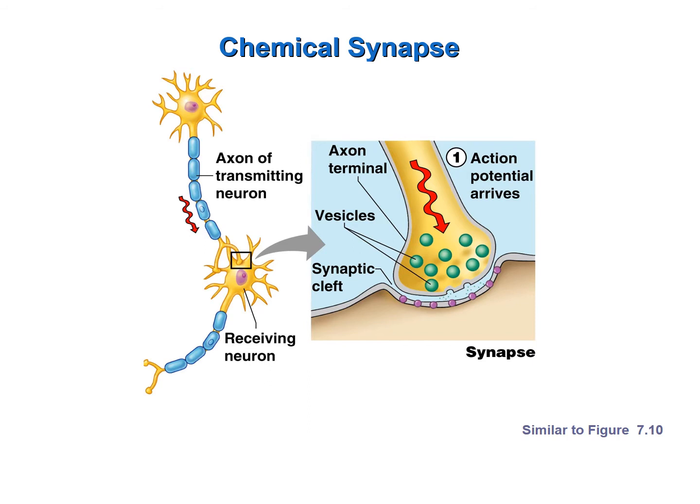Because the vesicles are dumping a molecule or chemical into the synaptic cleft, this synapse is referred to as a chemical synapse. Let's look closer at what's occurring in this chemical synapse.